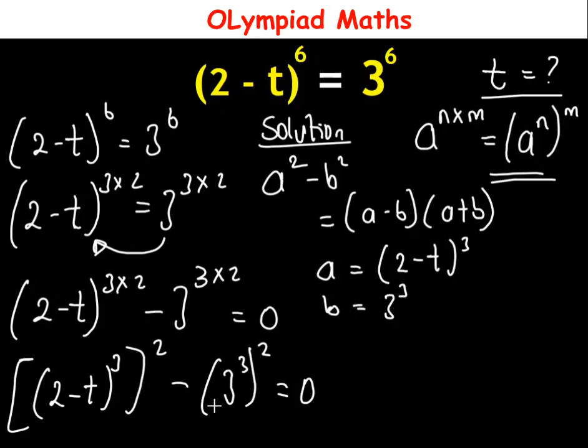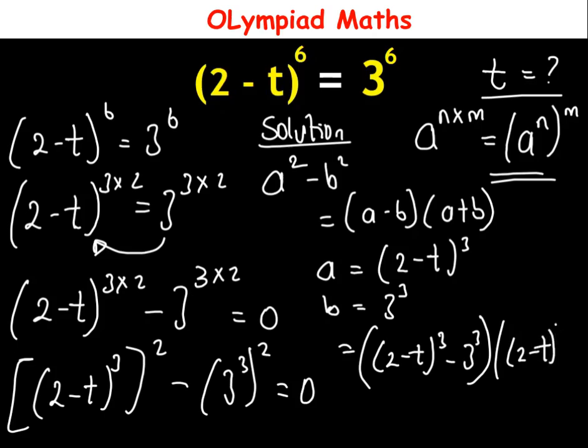Now expanding this in this format, we have a is (2 − t)^3, minus b, which is 3^3, multiplied by a, which is (2 − t)^3, plus b, which is 3^3. This is equal to 0.